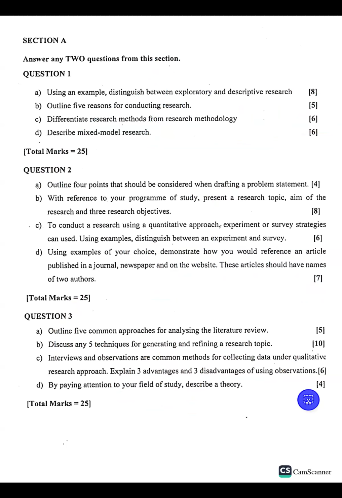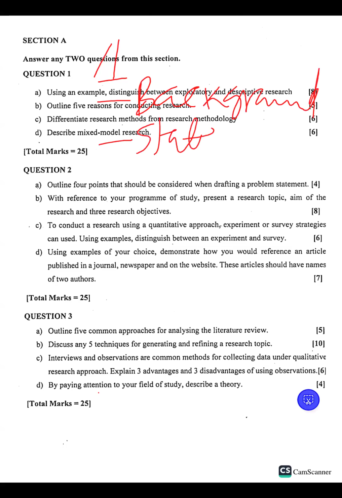Now, before I show you an example, if you're following properly, a research proposal, or research methods, deals with three sections of a research, three chapters actually. Chapter 1 has the background to the study, or what you usually call the introduction. It also has the statement of the problem, the problem statement.